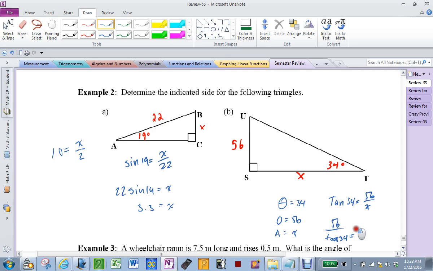So when I put my calculator in degree mode, and I do, because this one was wrong too, wasn't it? So 56 divided by tan 34 is 83.0.